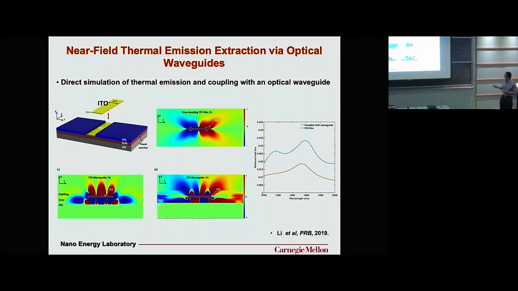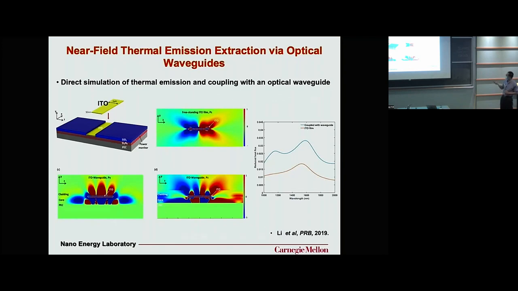In this specific example, we did a simulation. We considered doped ITO as a nanoplasmonic thermal emitter and coupled it with a planar waveguide. We considered two cases. One case is we just put this plasmonic emitter in vacuum, and we calculate the thermal emission at a certain angle, a certain cross section.